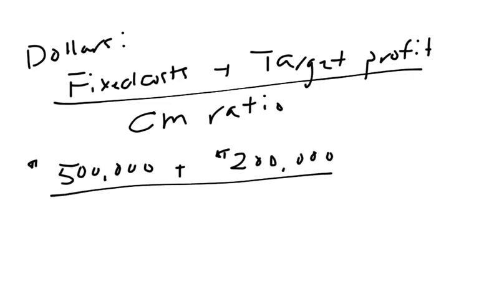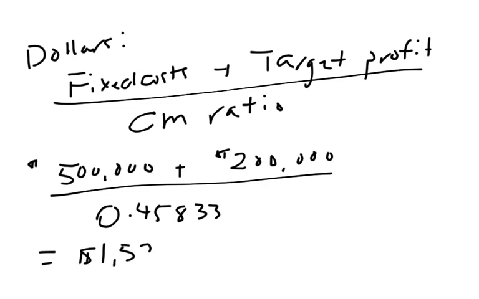And we're dividing all of that by that 0.458333 forever. Hang on, make that a little bit clearer. So our approximate 46% contribution margin ratio. All of that is going to yield me $1,527,283 and about 83 cents. So if we sold that much in sales dollars, we would get a target profit of $200,000.